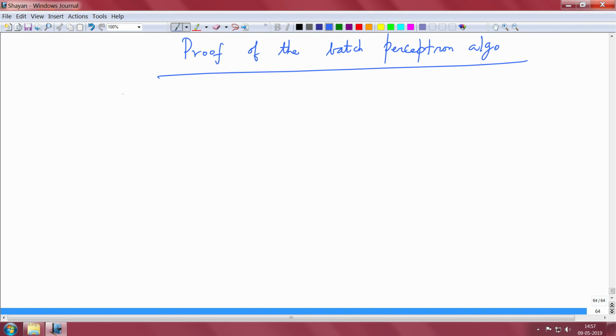Now, we assume that the parameter eta remains the same for all n, and you have to sort of distinguish this time step n in the batch perceptron algorithm versus the time step n in the perceptron algorithm.